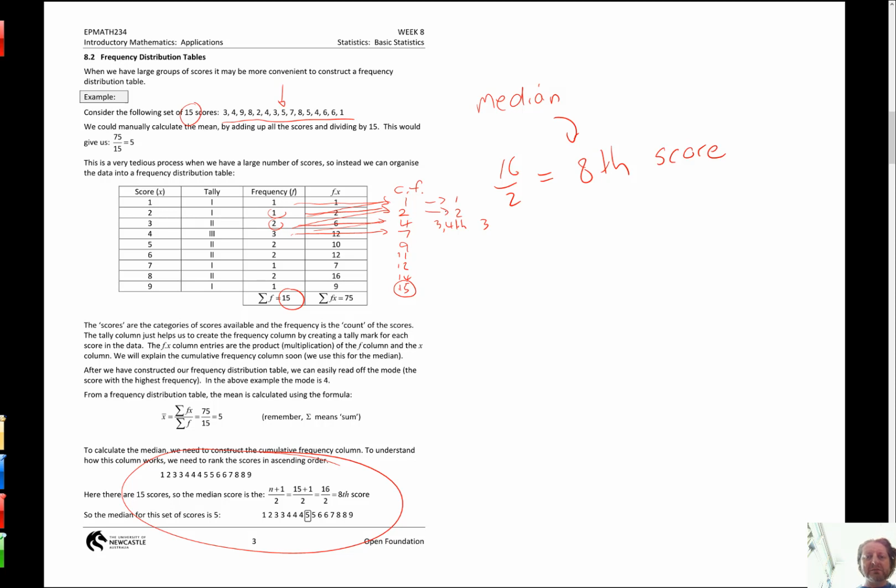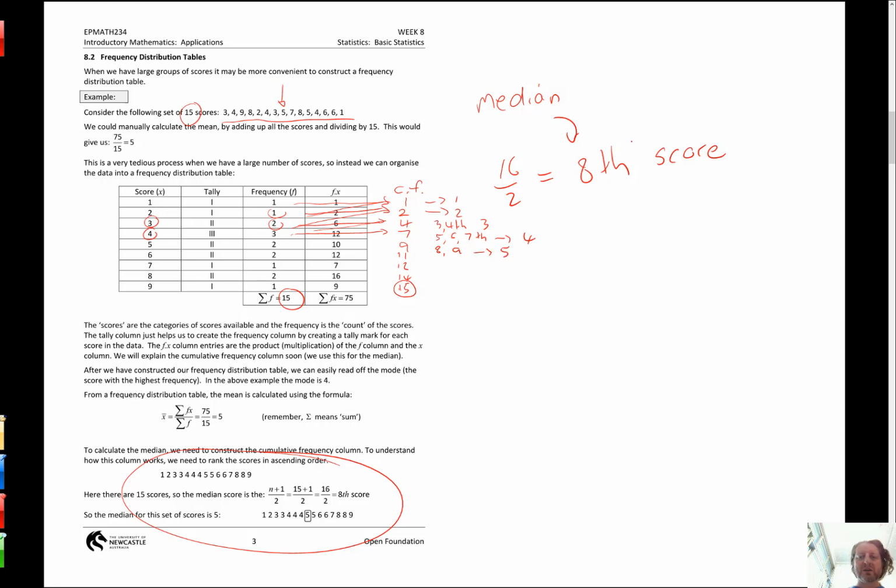Because if I've jumped from 2 straight to 4, it means the third and the fourth scores must have been this next score. So the third and fourth scores are 3. And then after that fourth score, the fifth, sixth and the seventh scores, they must all have been 4. The 8th and 9th scores must have been 5, and so on, so on.